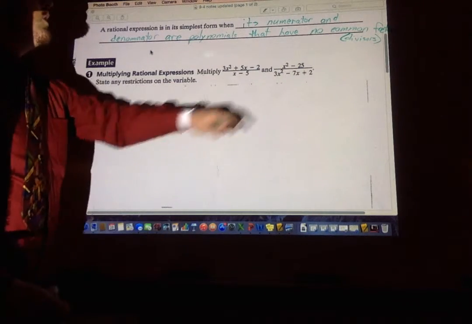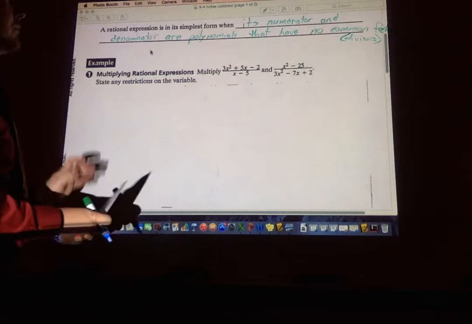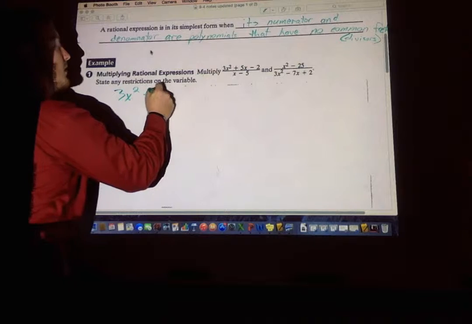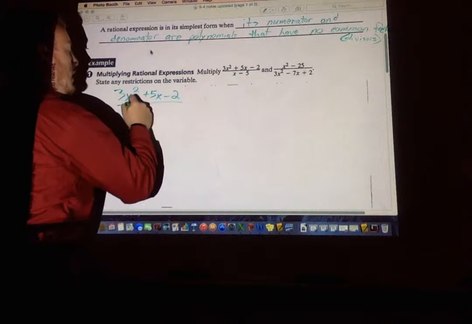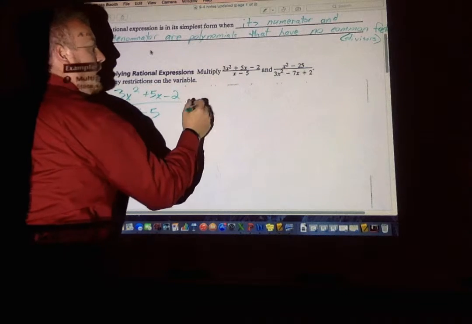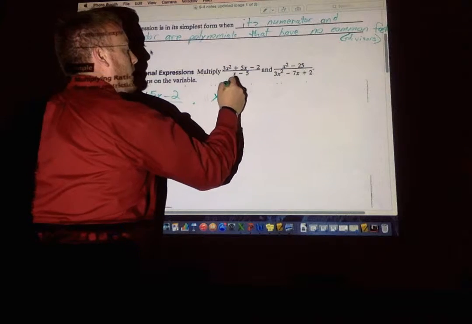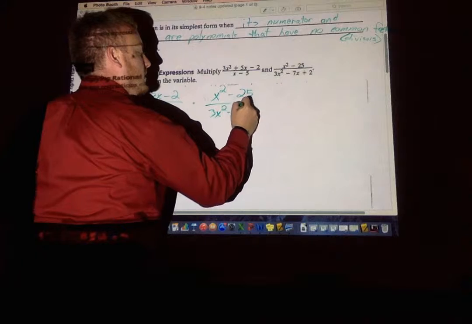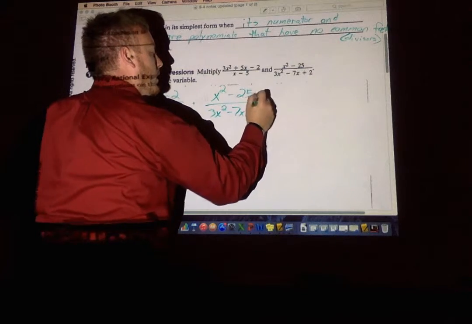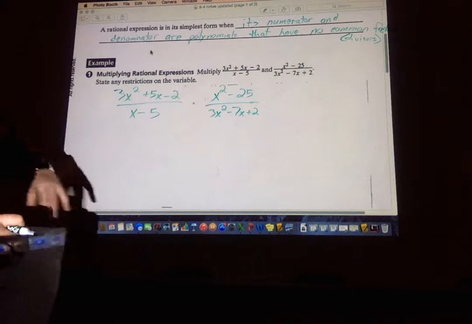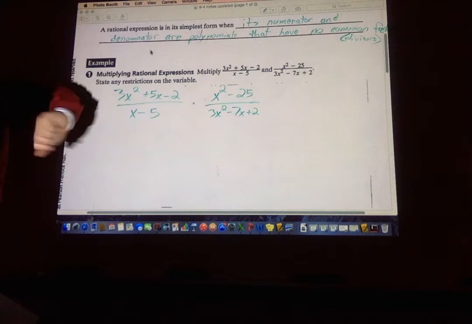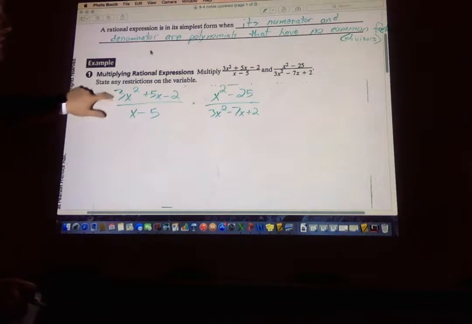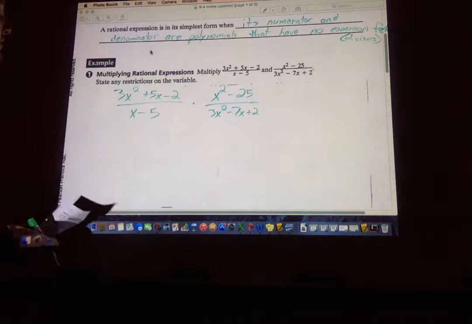So here, we've got these two. It's asking us to multiply them. So 3x squared plus 5x minus 2 over x minus 5, times x squared minus 25 over 3x squared minus 7x plus 2. Okay? So first thing that I'm going to try and do is break it up into its factors because maybe I can cancel something out. Can I factor that?